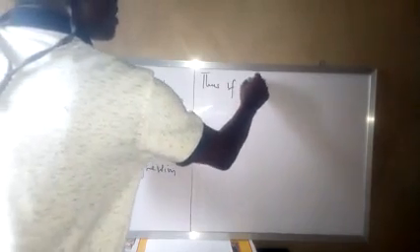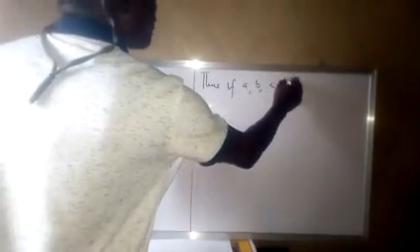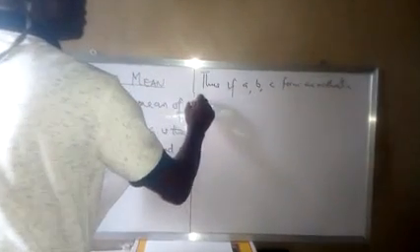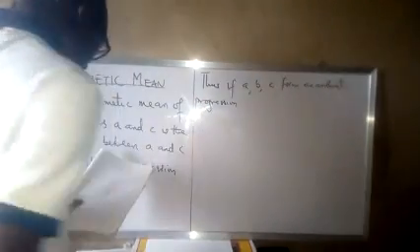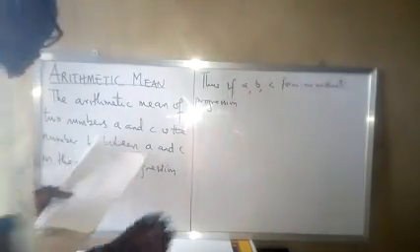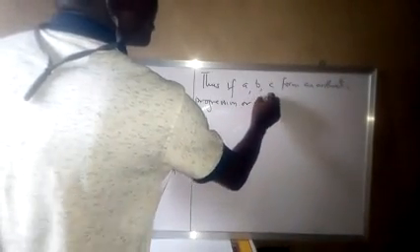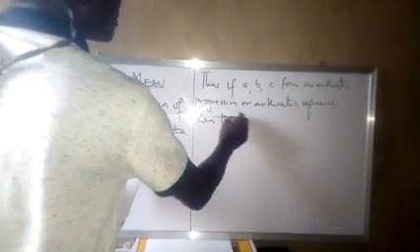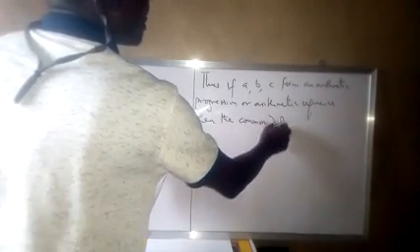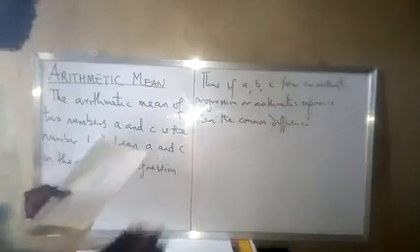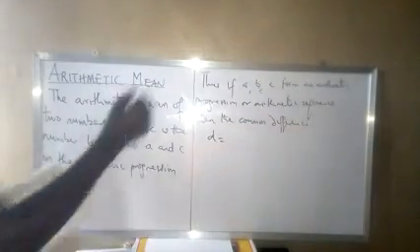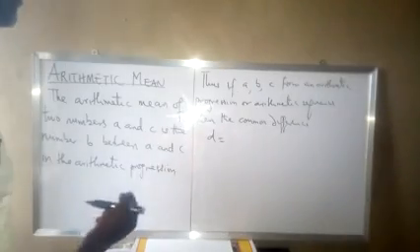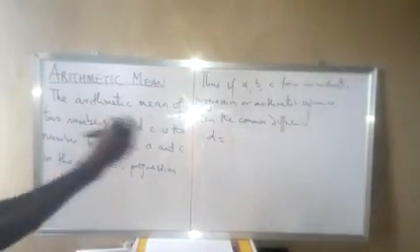Thus, if A, B, C form an arithmetic progression, or arithmetic sequence, then the common difference D will be, remember, in our last video we talked about how to get the common difference.